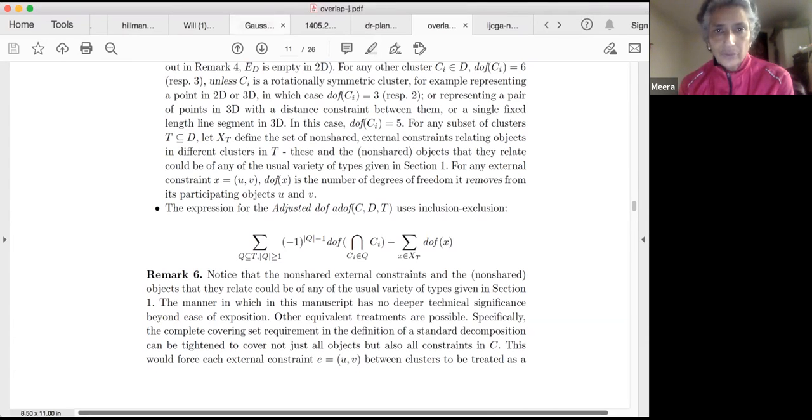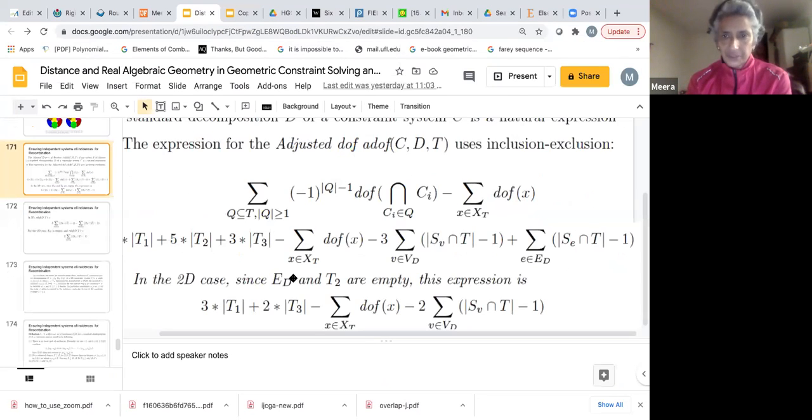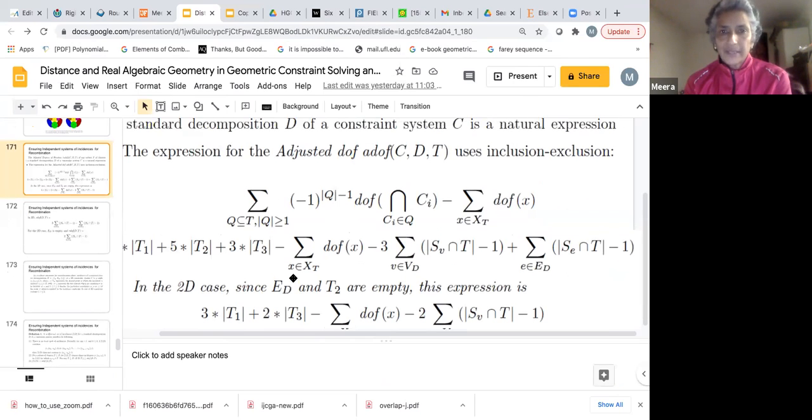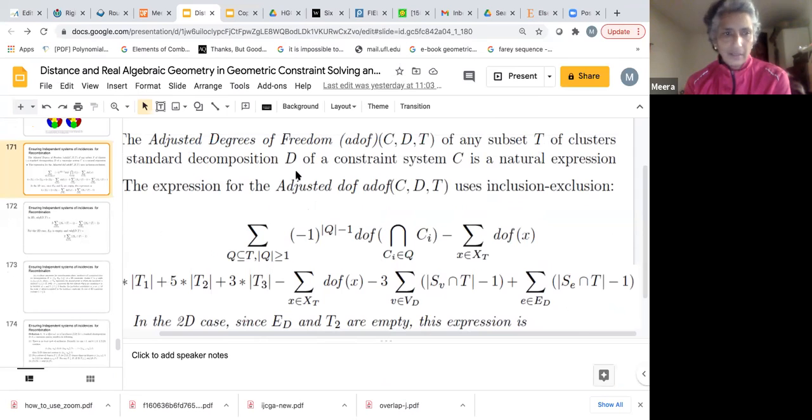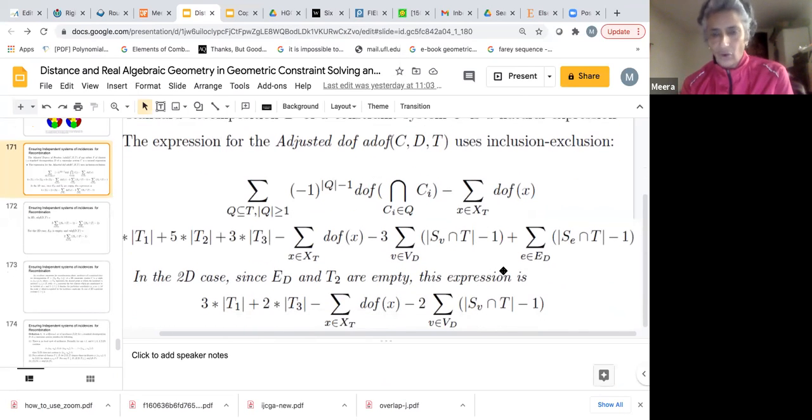So now I want to stop sharing this and go back to the other screen. Okay, so now we know the definitions of all of these things, and we can take that original definition of the adjusted degree of freedom, which is just a simple inclusion exclusion, and massage it into this form.